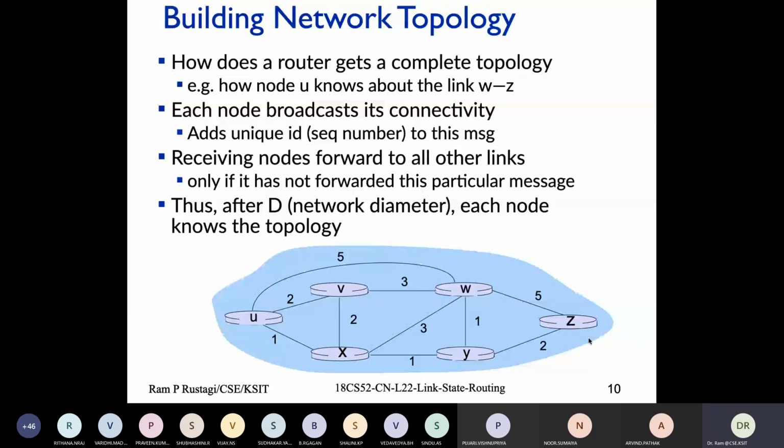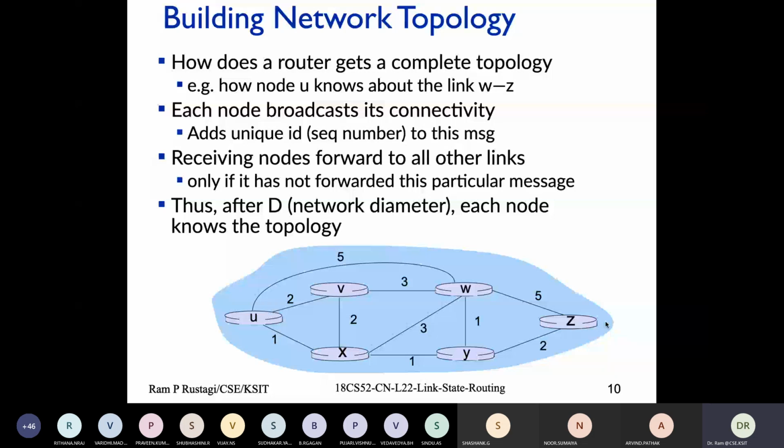Between any two nodes, can you go with two edges, or do you need three? Between U and Z, how many minimum edges do you need to reach? Two, three, or four? Two, sir. You can go from U to W, W to Z.